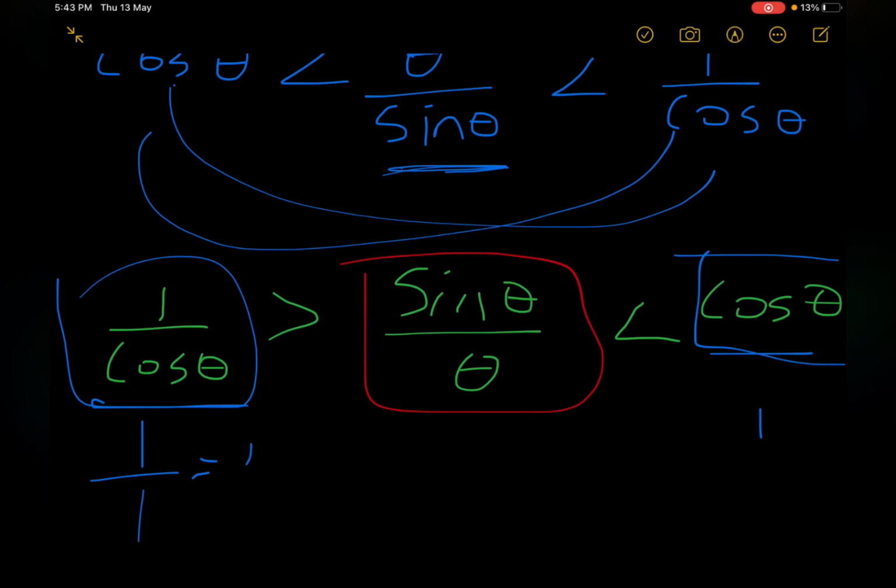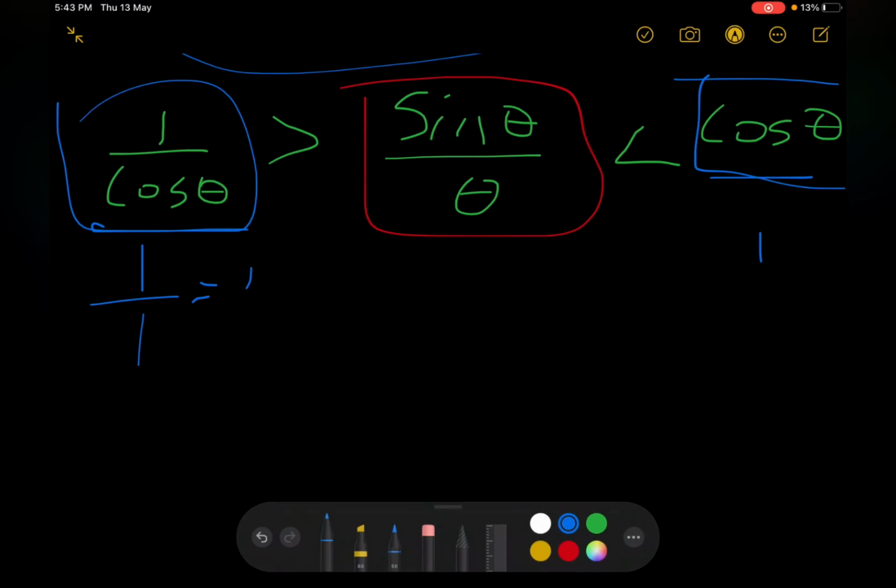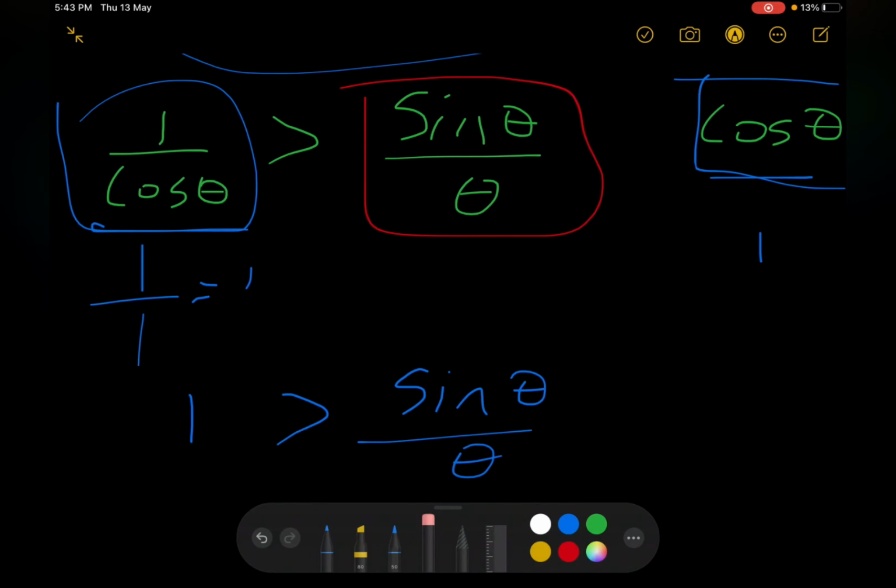And if you recall what squeeze theorem says, if I have this where there's a 1 on this side and sine theta over theta in the middle, and on this side as well, wait a minute, this sign should be greater than, so greater than here as well, sorry about that, and here this is 1.